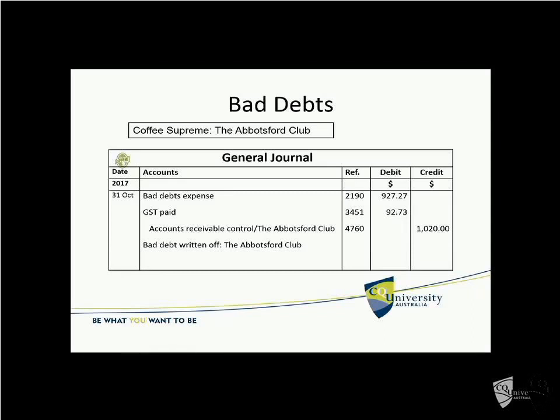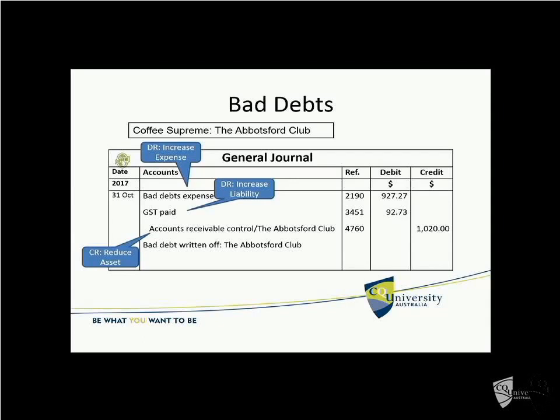In this case, $927.27, and the GST paid and the accounts receivable control. So we debit the bad debts expense because that's an increase in an expense, debit. We also debit GST paid.